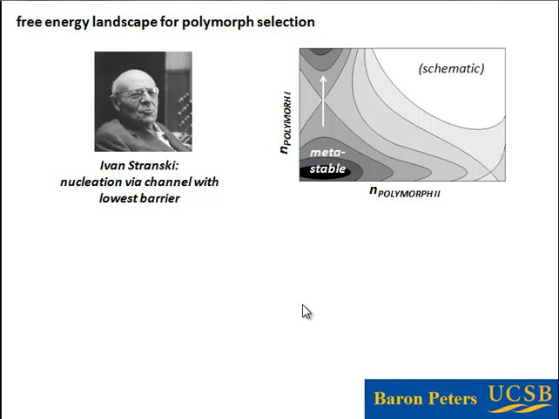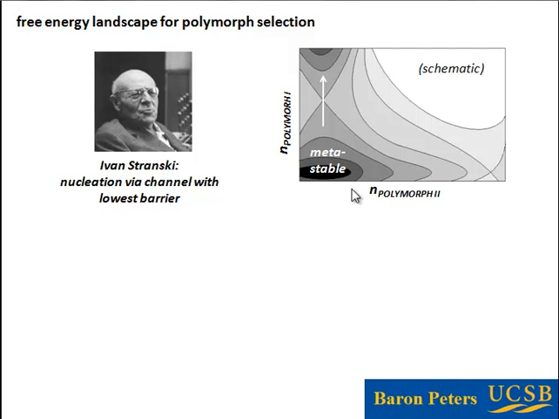And so Stranski came along and he amended Ostwald's rule. He said it must not be the bulk thermodynamics, which is, of course, not going to respond to those kinds of small changes, but rather it must be the free energy barriers that you have to go over during the nucleation process. This was work with Stranski and Totomanov, a very famous paper from the 1930s, and it's a very clever idea.